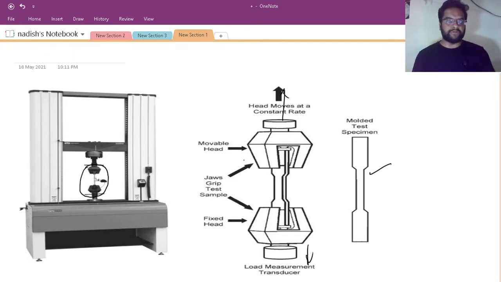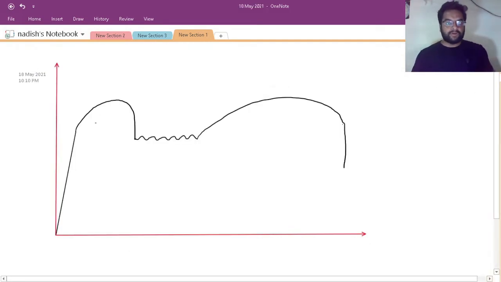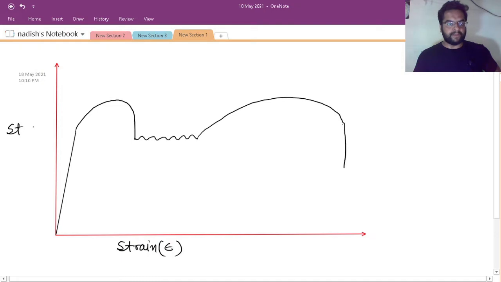Okay, so properties. First, this is your stress strain curve. So first draw the curve. Strain in x-axis and stress in y-axis.